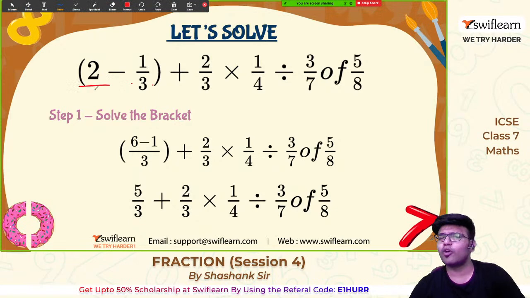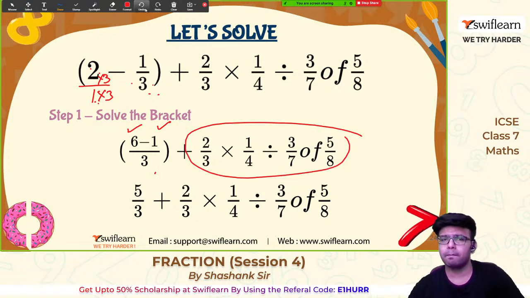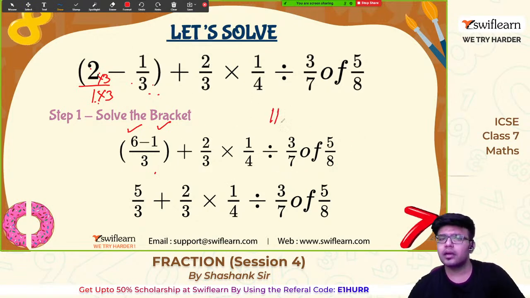Take the LCM of 1 and 3. So it is 3. So multiply this by 3, multiply this also by 3. So 2 times 3 is 6. 6 minus 1 divided by the common denominator 3, and write everything else the same. Now 6 minus 1 is 5 by 3.